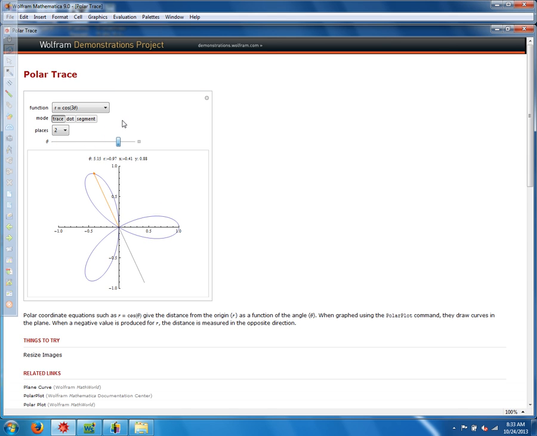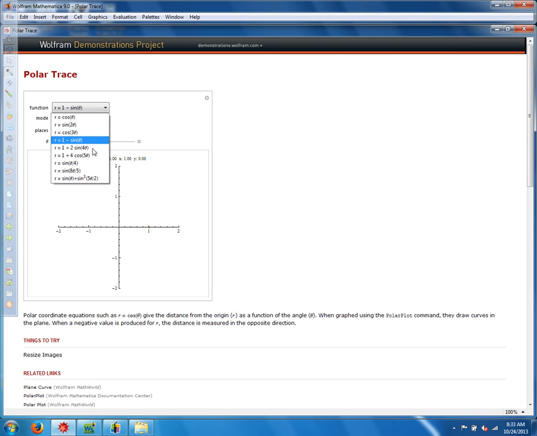And see, this one gets traced twice. We talked about that one on the interval 0 to 2 pi. 1 minus sine theta. There's our cardioid. 1 plus 2 sine 4 theta.